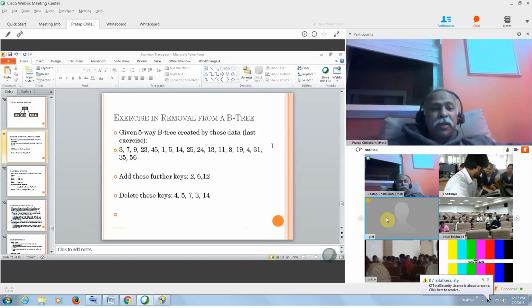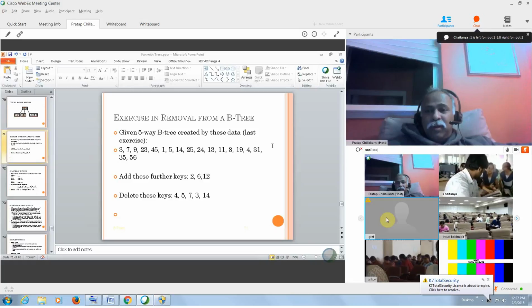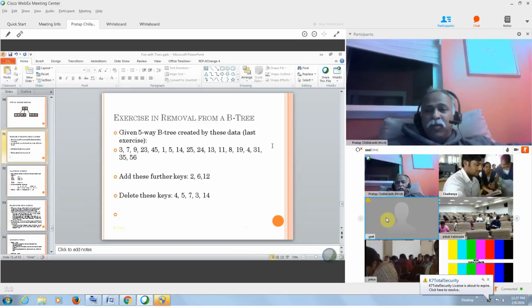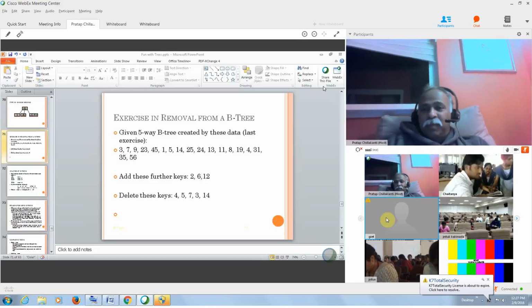Things are much easier to understand by doing. You can show a video if you're done. 2, 1, 2 to the left. Okay, so there's a 9, 24 and 35 are root. How many of you got 9, 24 and 35 as a root? What I heard was from Chaitanya and from Pakinada, 9, 24.